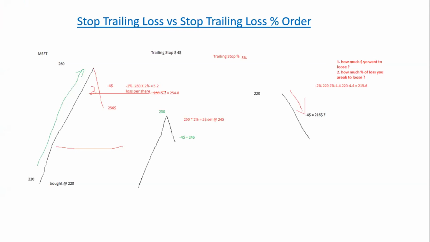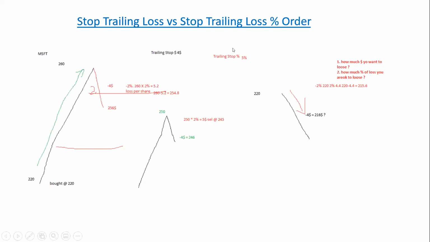Again, we have another stop trailing loss percentage order, which makes you set how much percentage of loss you're okay to lose, right? So a lot of analysts or traders talk about 5%, 10%, 15%, 20%, right? And how you can set up in a similar fashion.